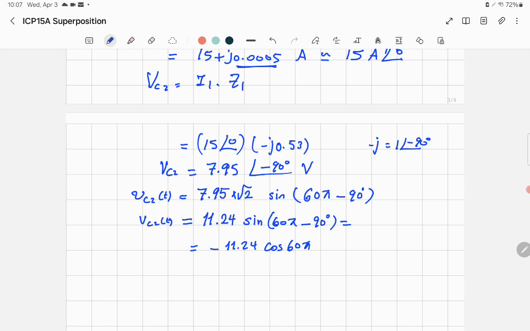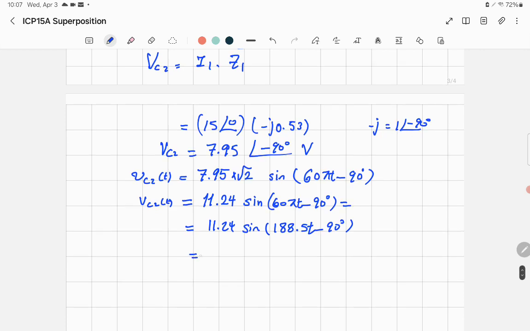You can express this one, let me just write this one also in a different way. 11.24 sine 60 pi is equal to 188.5 t minus 90. I'm sorry, I forgot t. Nobody say that. They got to have t. It's a function of time, right? And we said that we can make it negative cosine.